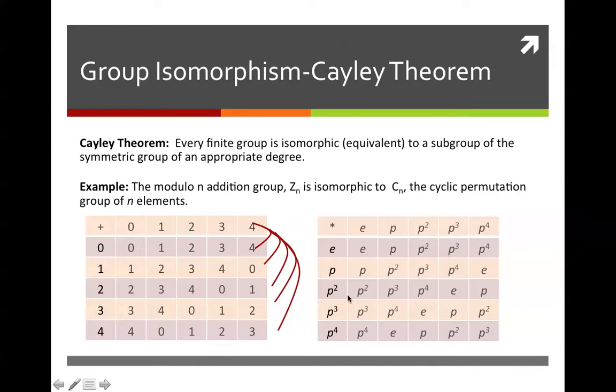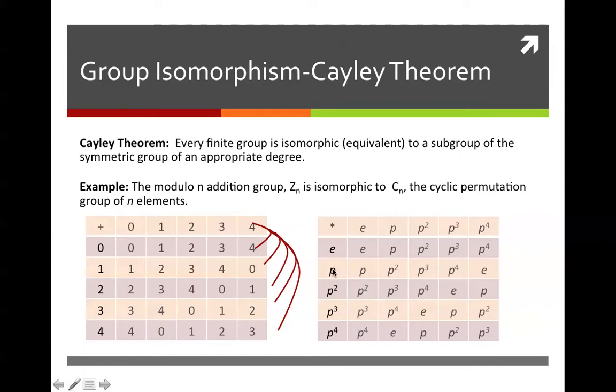And these two tables are identical. They're equivalent, if not identical. And so 0 is associated with E, 1 is associated with P, 2 with P squared, 3 with P cubed, and 4 with P4. And if you add, for example, 1 and 2, you get 3.